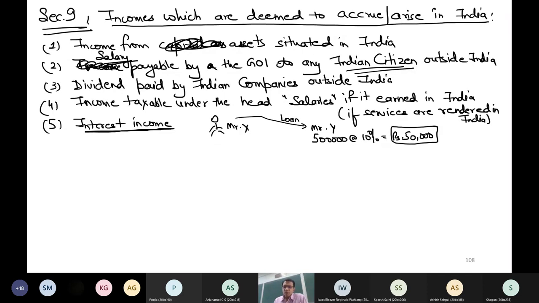So who is the borrower? Who is the payer of interest? Mr. Y. Yes. The income earner is Mr. X and the payer of expense, or expense-incurring person, is Mr. Y.